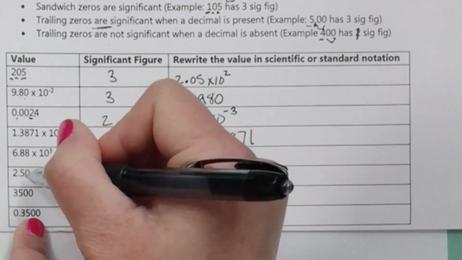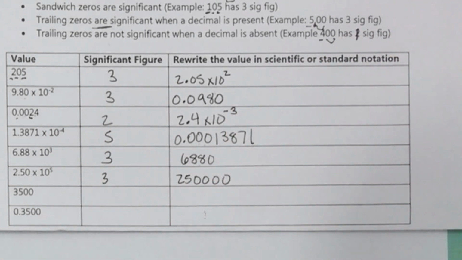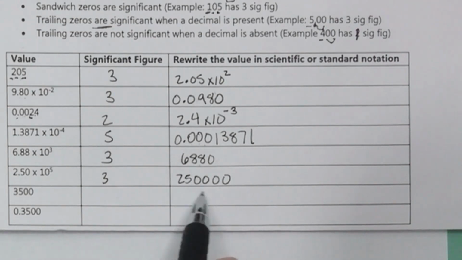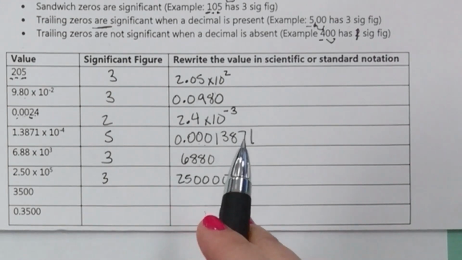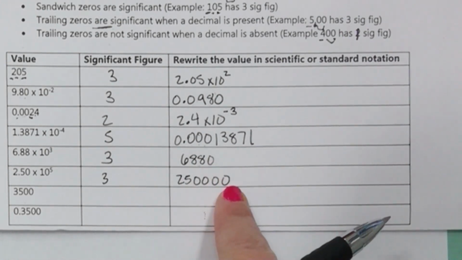Let me just add one more 0. Okay, now in this example, there's no way for me to put this example into significant figures with the way it is.